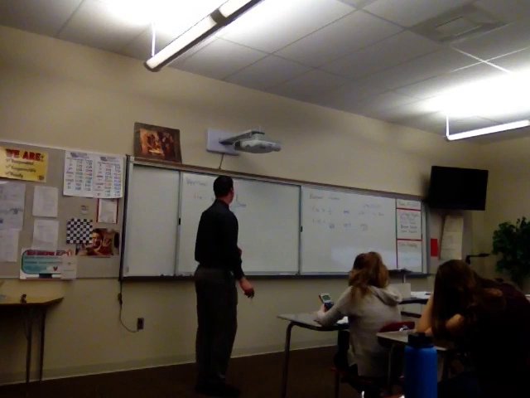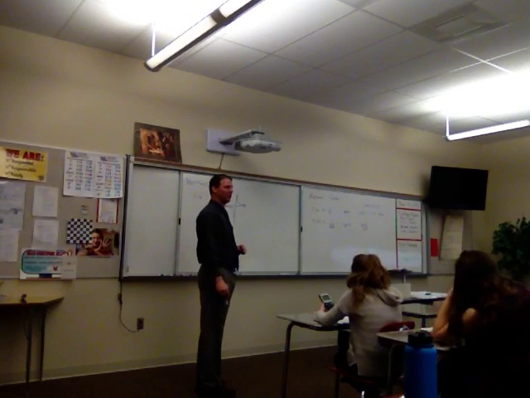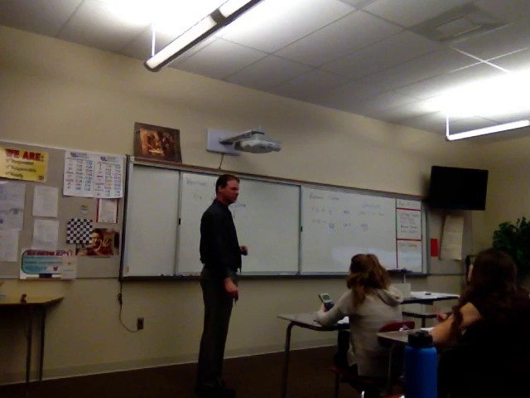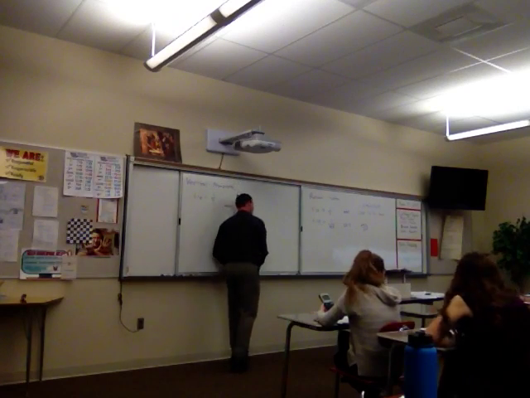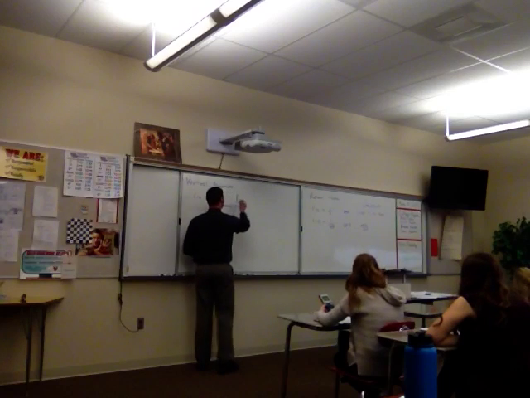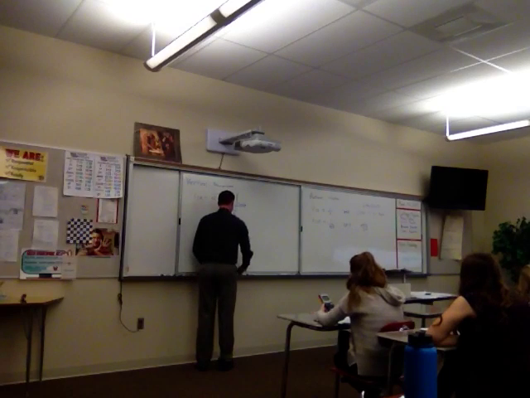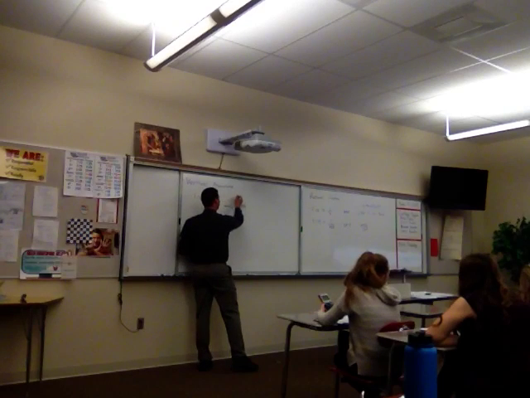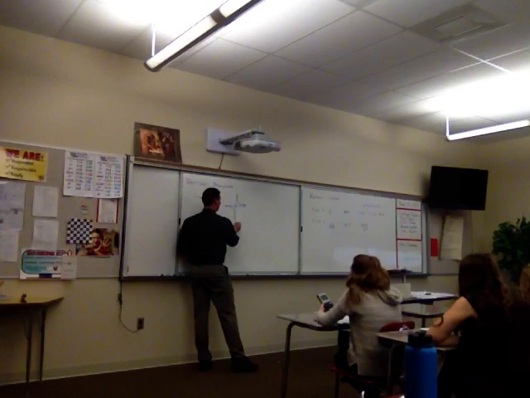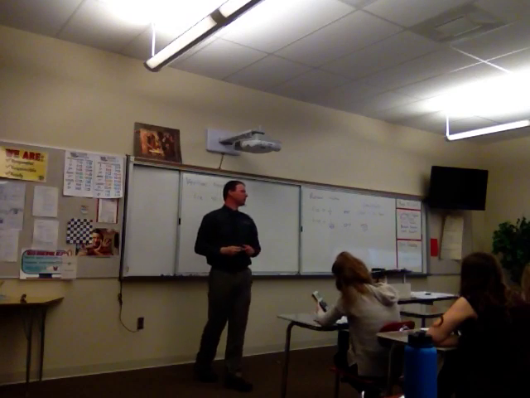So where would a vertical asymptote be located? Anyone got a guess? Oscar? At x equals 0, right here? Oh, that's the same color. Let's not do that. Whoops. Let's do this one here. At x equals 0. What happens to the graph as it gets close to that line?